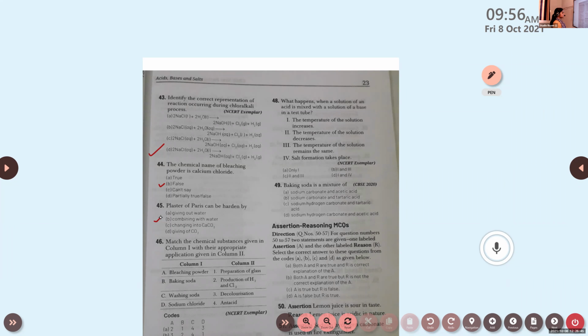Then next one, question number 46. Match the chemical substances given in column 1 with their appropriate application given in column 2. Column 1: bleaching powder, baking soda, washing soda, sodium chloride.